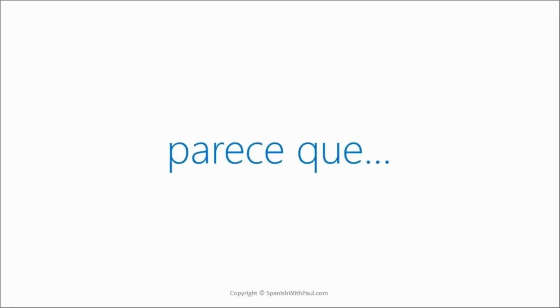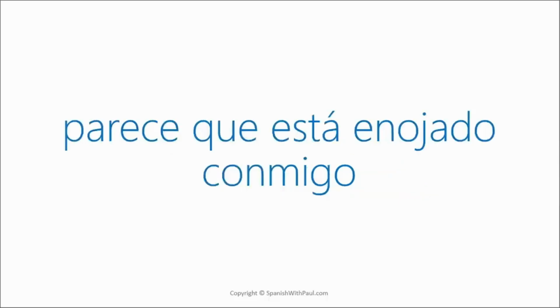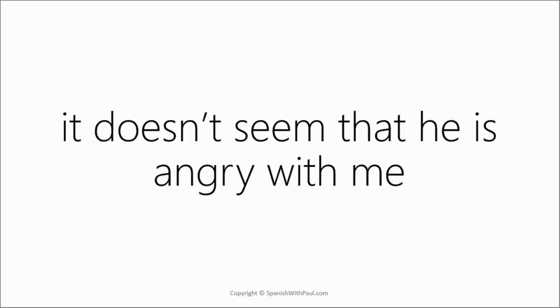And finally, parece que. How would you say, it seems that he's angry with me? The word for angry is enojado. Parece que está enojado conmigo. It doesn't seem that he is angry with me.